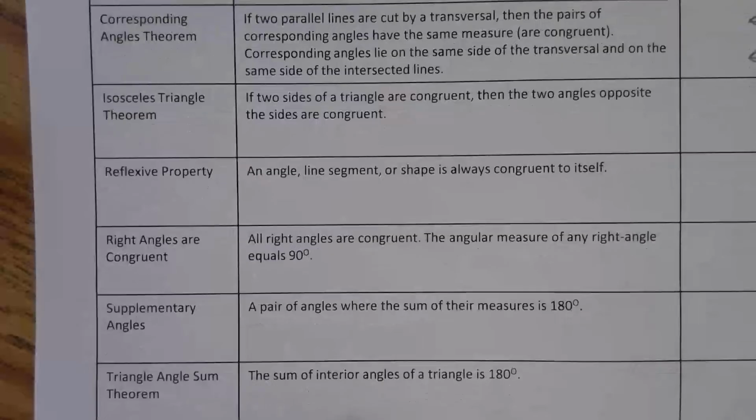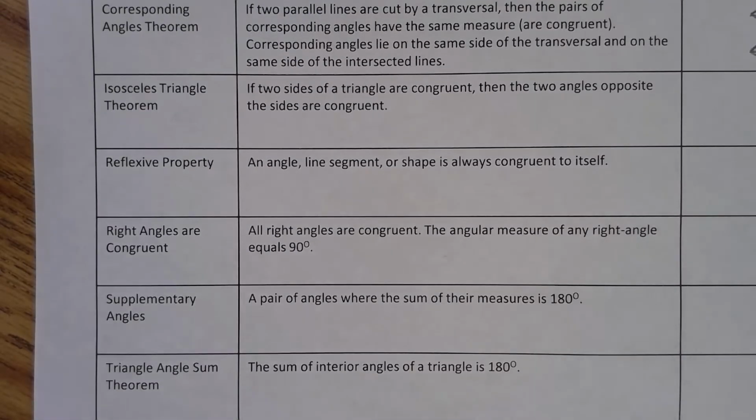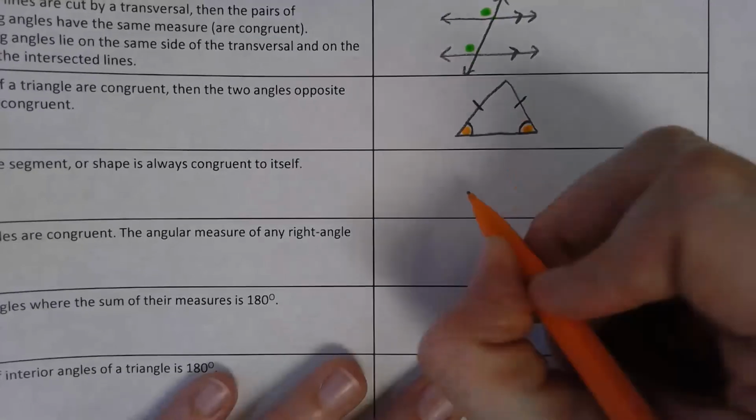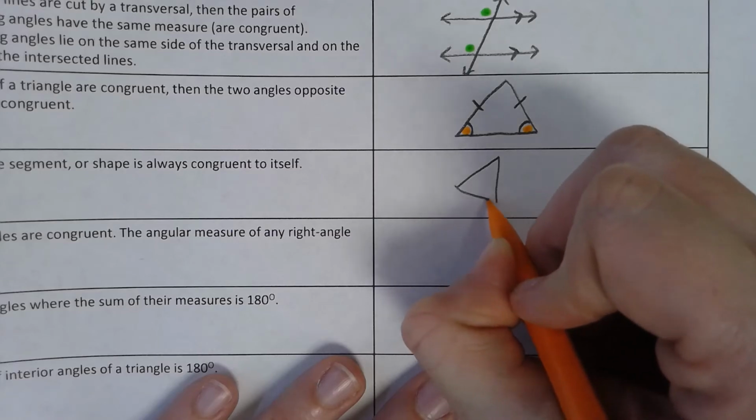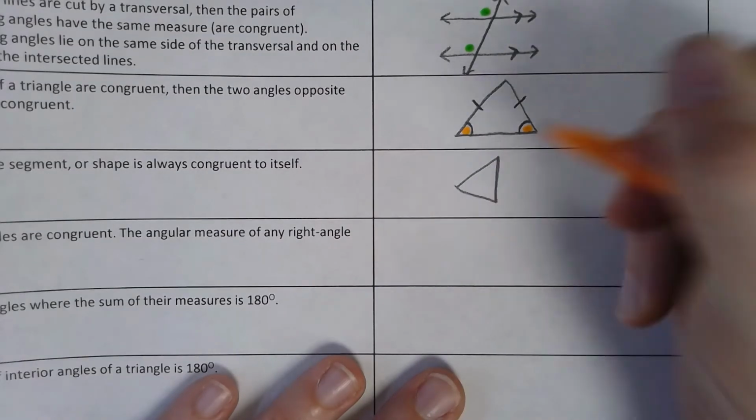The reflexive property. An angle, line segment, or shape is always going to be congruent to itself. So that seems very common sense, but really when we see it the most is maybe when two triangles are sitting right next to one another.